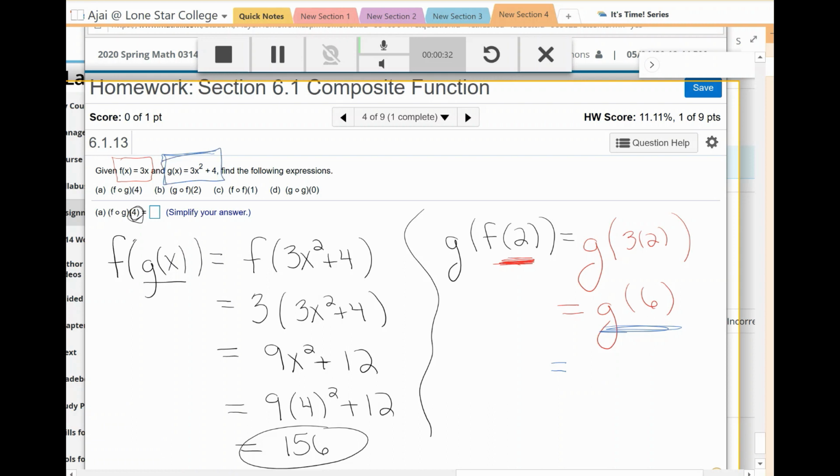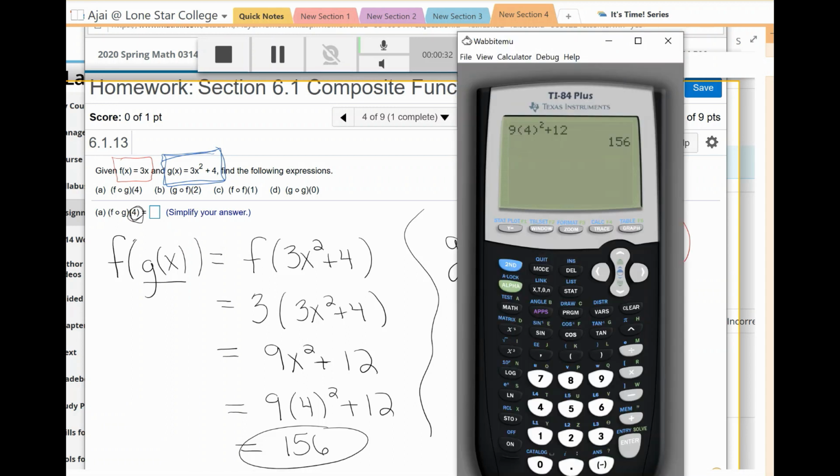That will be 3 times, instead of x, I'm going to put 6 squared plus 4. So that's 3 times 36 plus 4. That'll be 112.